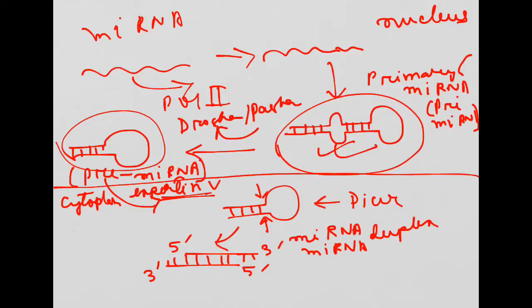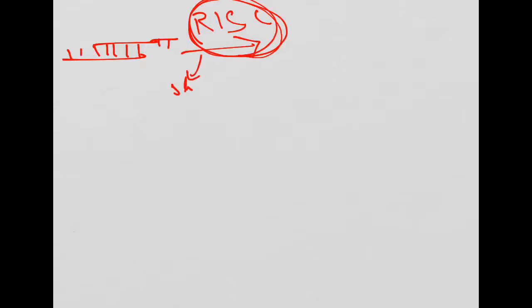Now this duplex molecule will interact with the RISC protein enzyme, which is a multi-protein complex with slicer activity. There is a protein family called Argonaute protein family that will help in recognizing the 3' end of this miRNA duplex, and it will bind to the RISC protein.